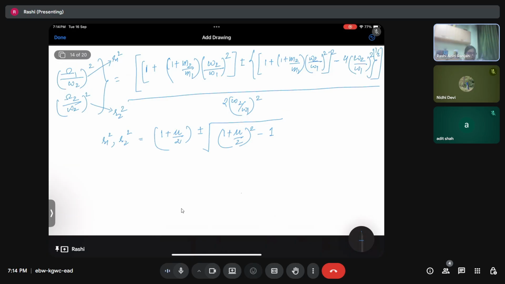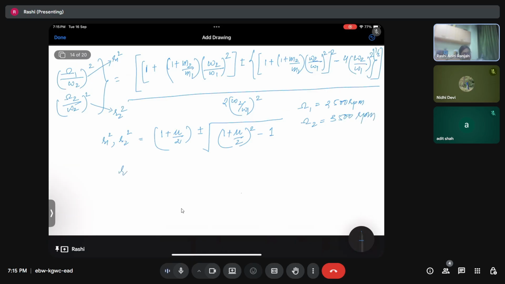Now, for the system, we have the values of R1 and R2, correct? Actually, we need to calculate them, but we can calculate them, right? How? Because omega 1 was 2500 rpm and capital omega 2 is 3500 rpm.